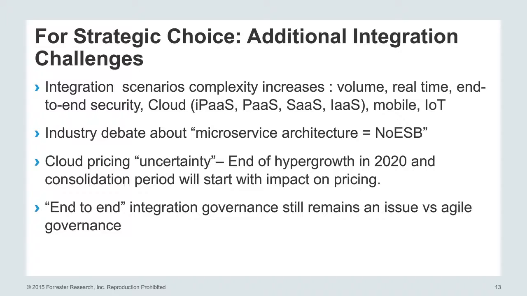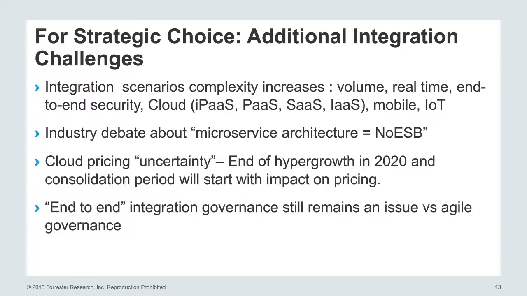So what we see also in terms of challenges, as we are seeing some of our customers moving to make a strategy choice for integration between their different systems, is that they see also more volume, some real time. I talked about that.